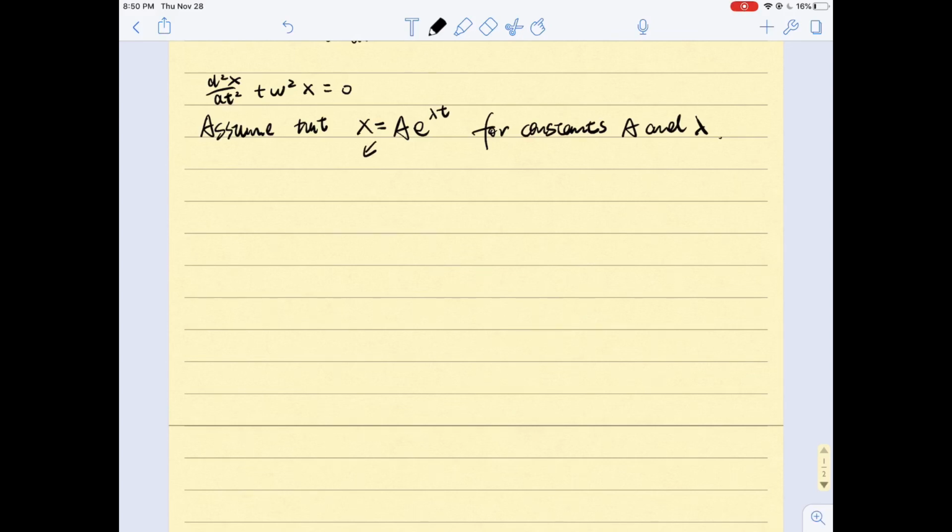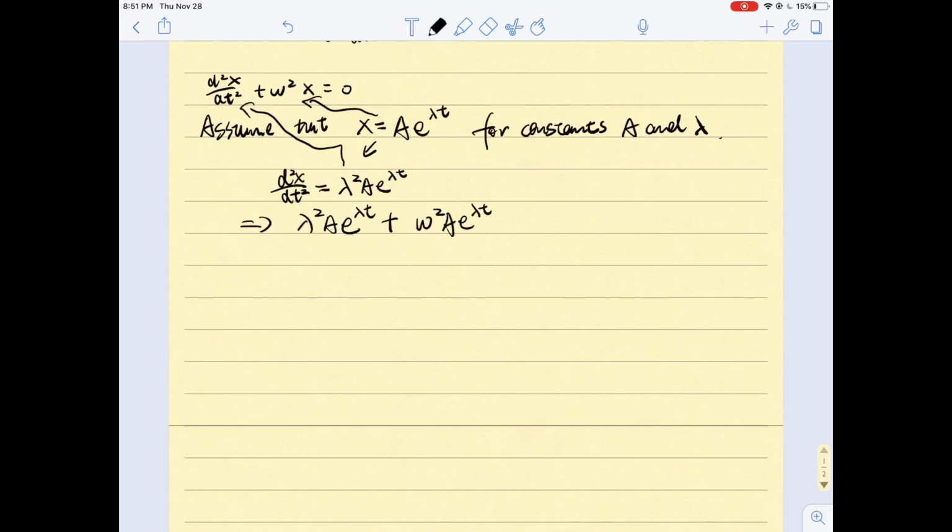This is going to be differentiated twice, so the second derivative equals lambda squared multiplied by A multiplied by e to the power lambda t. Substituting into the equation: lambda squared A e^(lambda t) plus omega squared A e^(lambda t) equals 0.